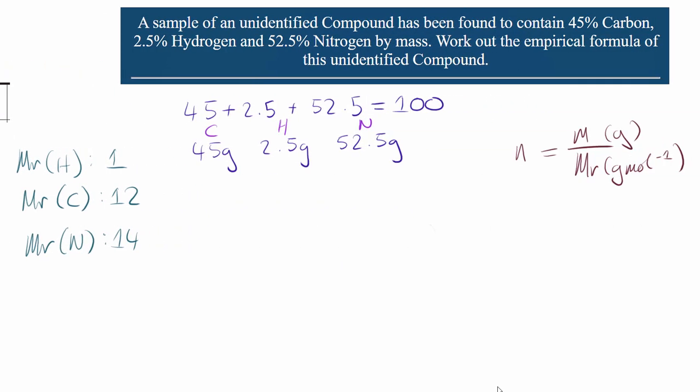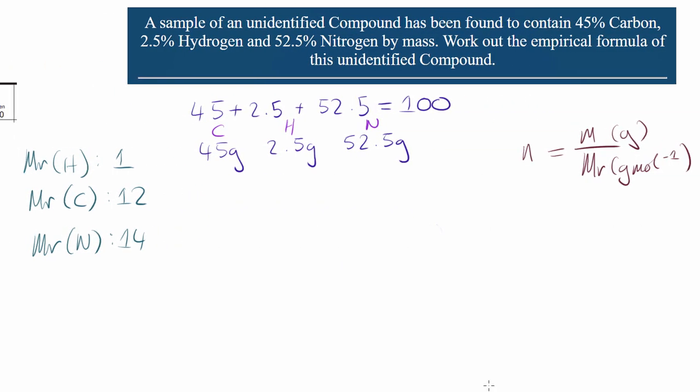To get to the moles, I'm simply going to divide each of these by their respective molar masses. So that's 45 divided by 12, because that's carbon, 2.5 divided by 1, and 52.5 divided by 14.